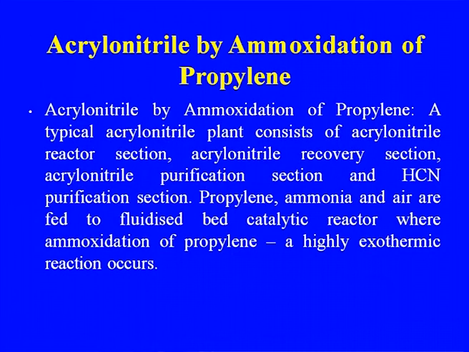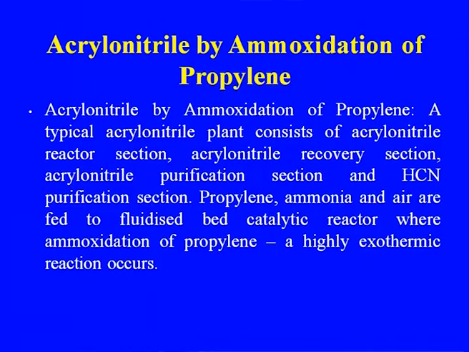So, acrylonitrile by ammoxidation of the propylene: a typical acrylonitrile plant consists of the acrylonitrile reactor section, acrylonitrile recovery section, acrylonitrile purification section, and the acetonitrile purification section, because here in the process we are getting acetonitrile also, one of the important byproducts.